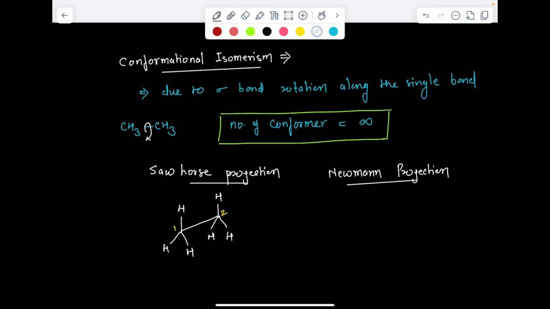I'll make the 1 as a circle, this is the carbon which has 3 hydrogen, and behind it is number 2, which is represented by a dot, and it also has 3 hydrogen. So these are the two representations of conformational isomerism, Sawhorse projection and Newman projection.